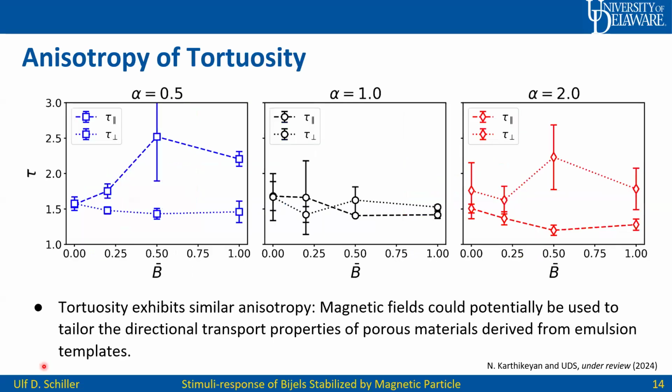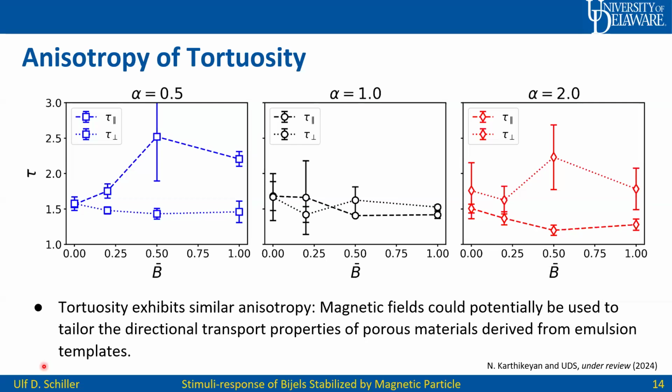Another property that porous media applications rely on is what's called the tortuosity. That's how curved the paths through the material are. Here we also see the anisotropy, which is interesting for transport applications, because if the paths are more curved, that might require higher pressures for filtration applications.